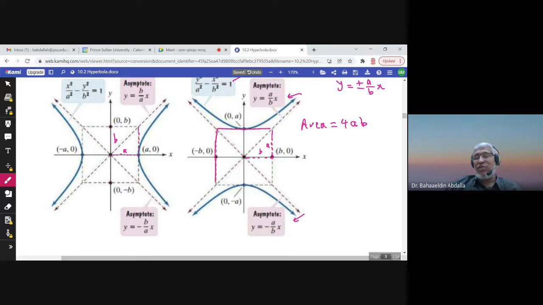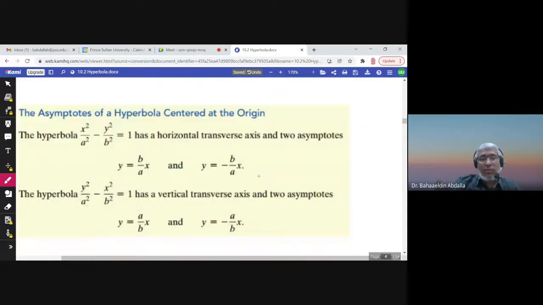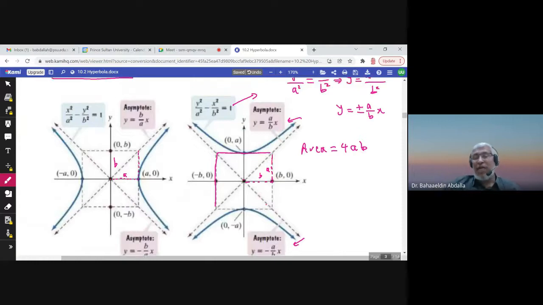You can find the perimeter of the rectangle, whatever you like. You can talk about the endpoints of the rectangle. These 4 endpoints, I can find their coordinates. This point has coordinates b and a, for example. You can find all of them.